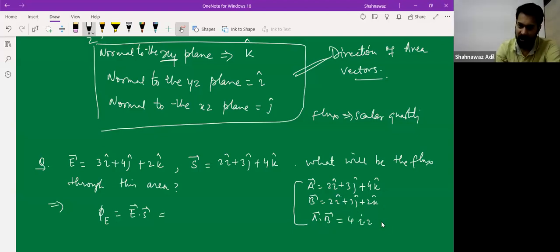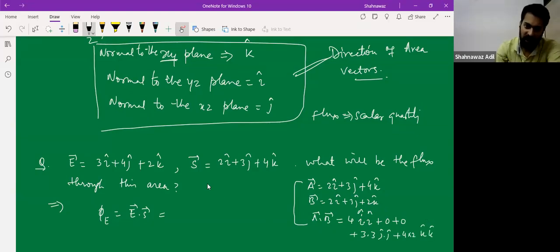And i dot j will be 0 and i dot k will be 0. And then 3j dot 3j would be 3 into 3 j dot j, plus the rest 0. And similarly, you get 4 into 2 k dot k.